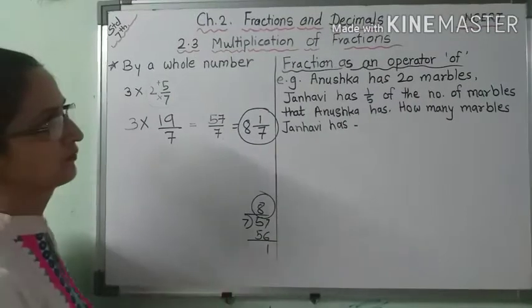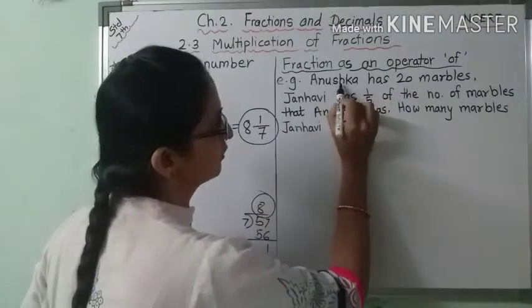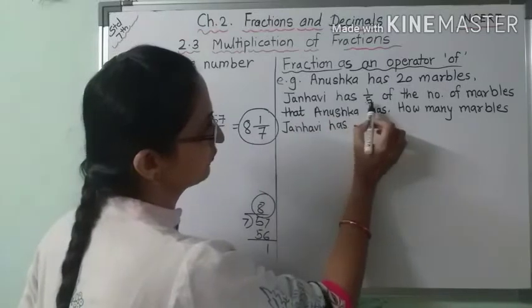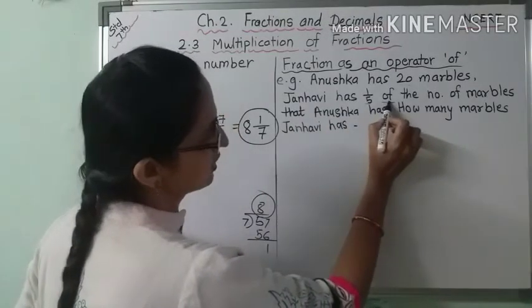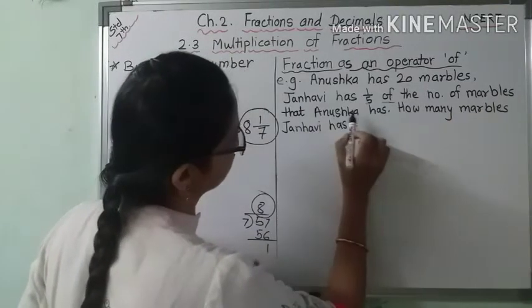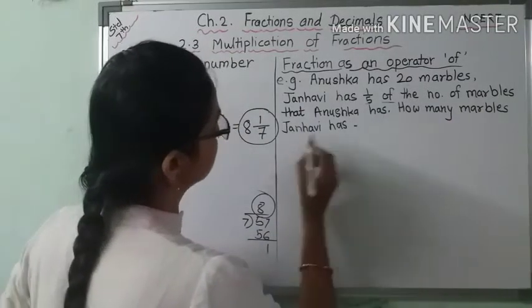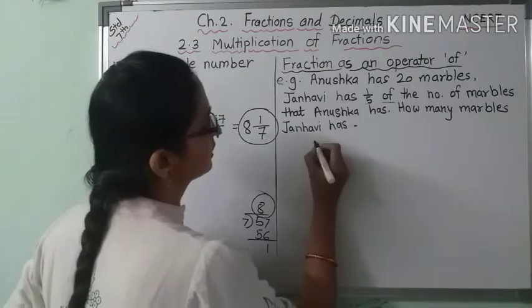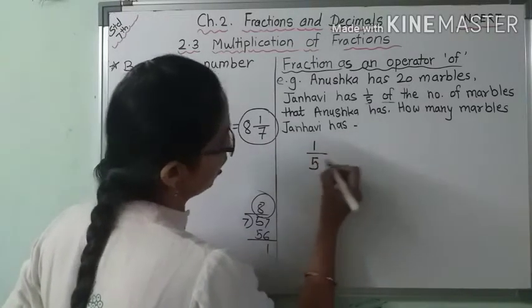Now see, here the number of marbles with Anushka is 20 and Jahnavi has 1/5 of. Here of is important. 1/5 of the number of marbles that Anushka has. She has 1/5 of.